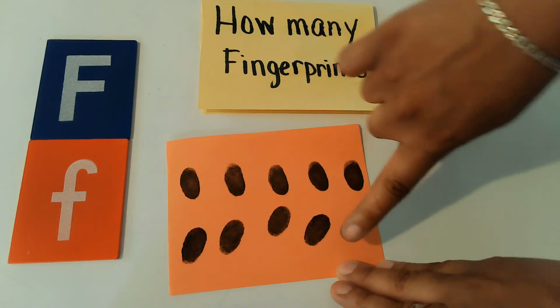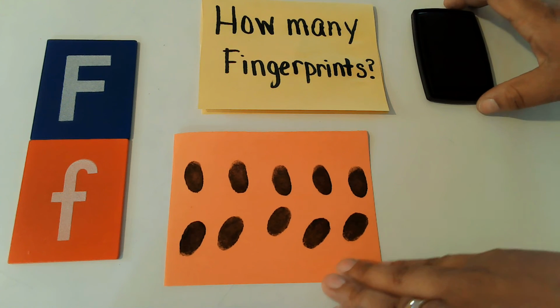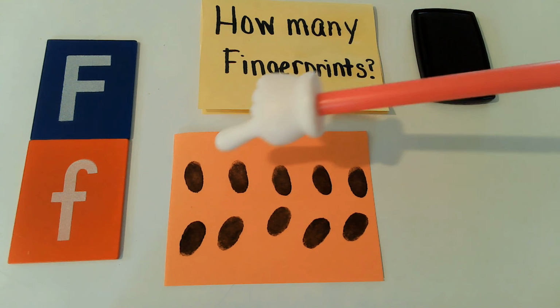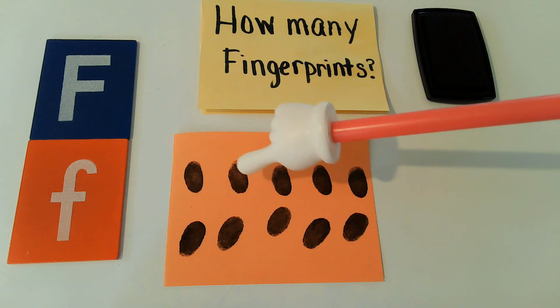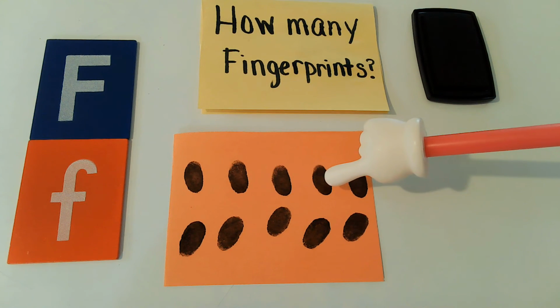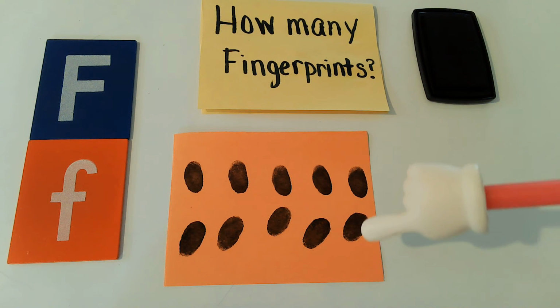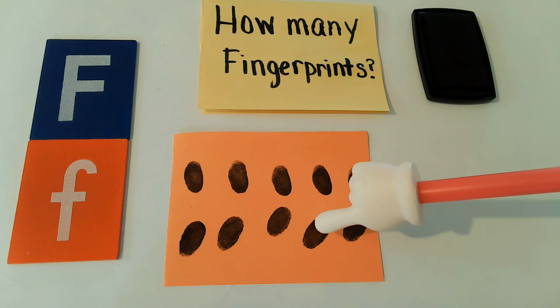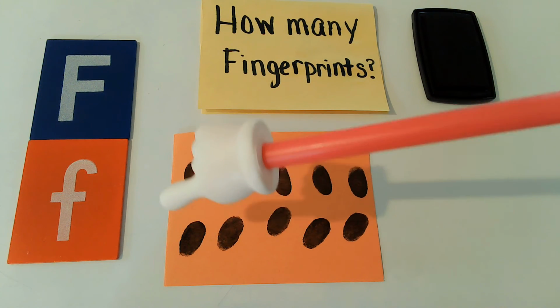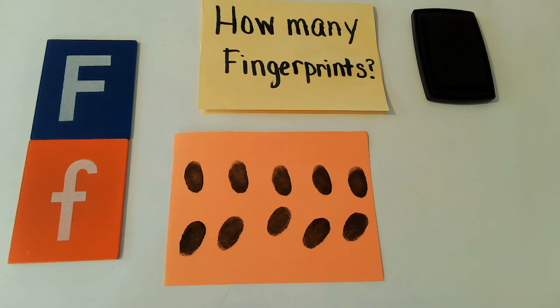Whoa, this one's going to be a lot. Let's count how many fingerprints are on this piece of paper. Ready? 1, 2, 3, 4, 5, 6, 7, 8, 9, 10.